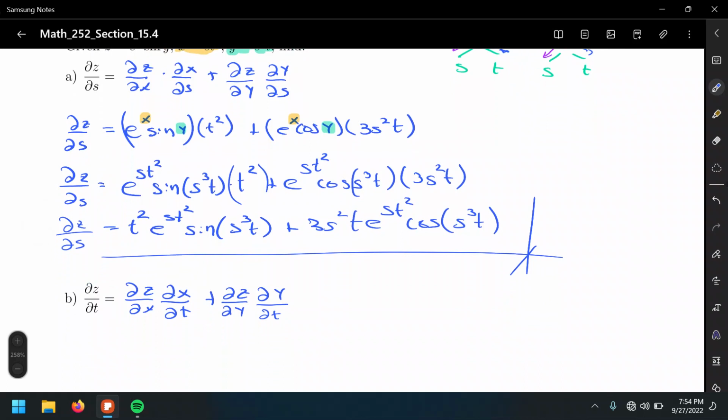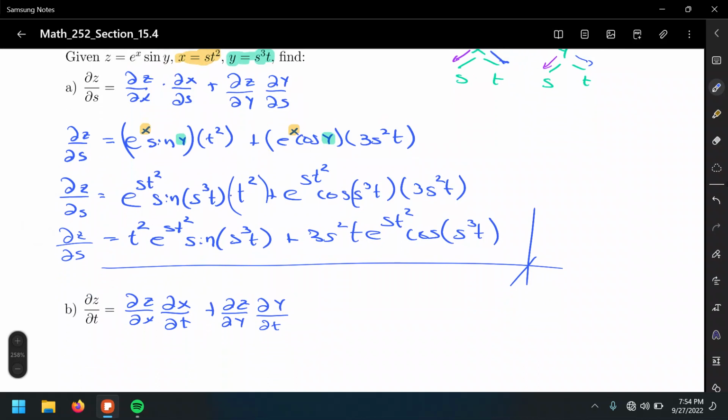So with our expressions here, it looks like we got, number one, partial of z with respect to x. Again, it's the same, e to the x sine y times the partial of x with respect to t this time, which in this case is 2st. Is that what you got for this one? Plus partial of z with respect to y, that's e to the x cosine y, times the partial of y with respect to t.